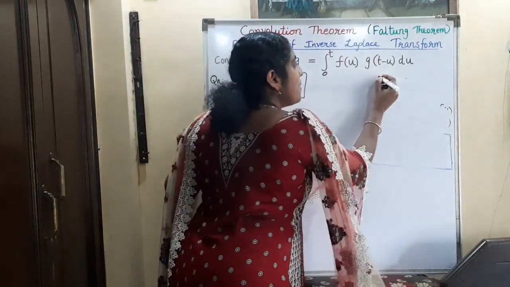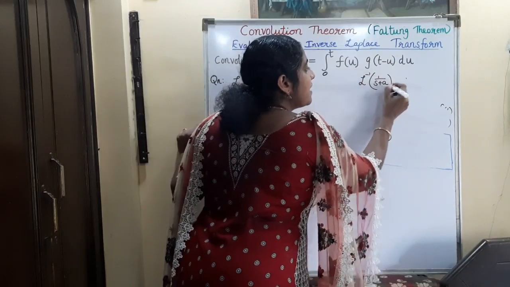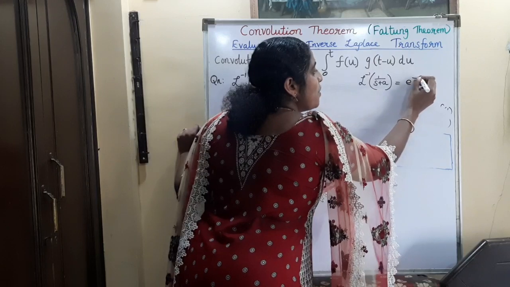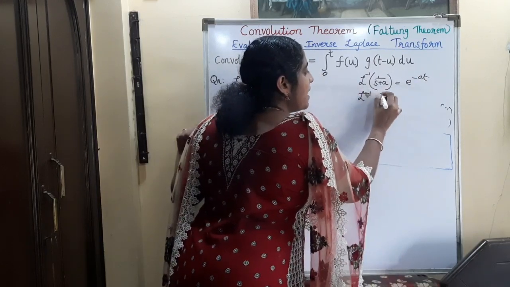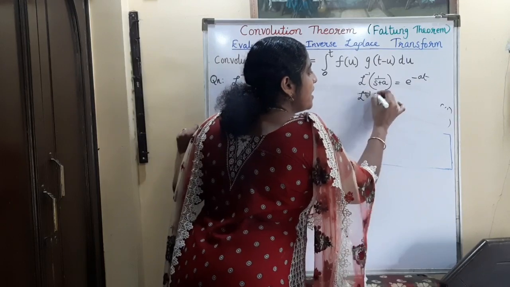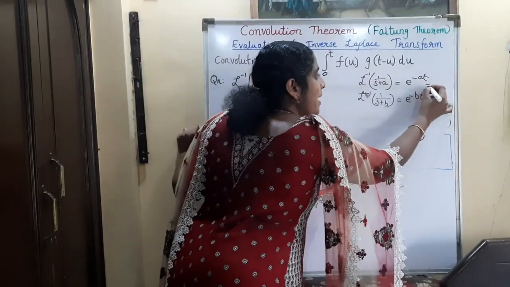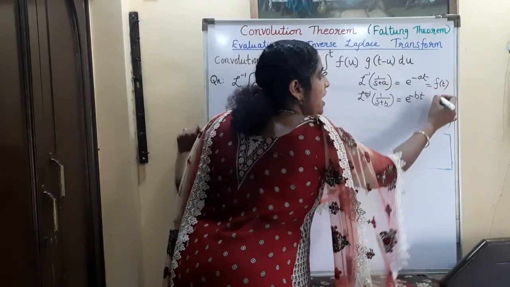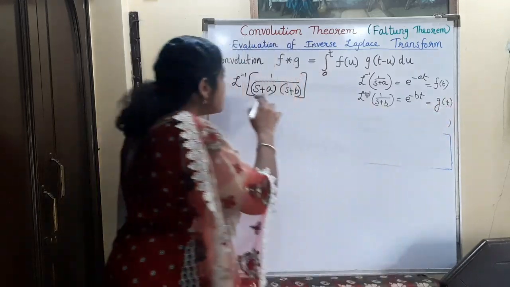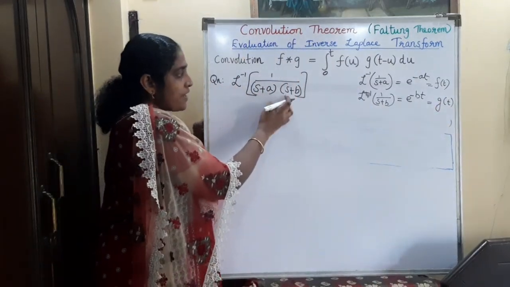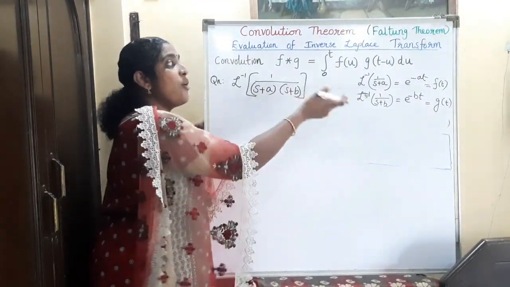Now, the Laplace inverse of 1 by s plus a is e raised to minus at, and the Laplace inverse of 1 by s plus b is e raised to minus bt. So we can write e raised to minus at as f of t and e raised to minus bt as g of t. When this one question is broken up, we can see that it is the product of the Laplace transforms of two functions.